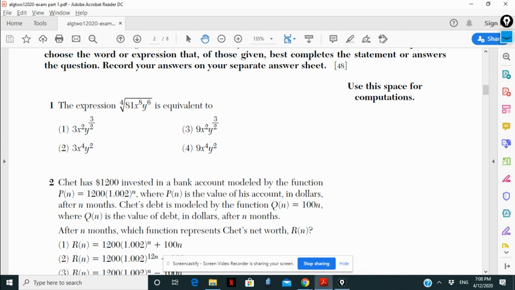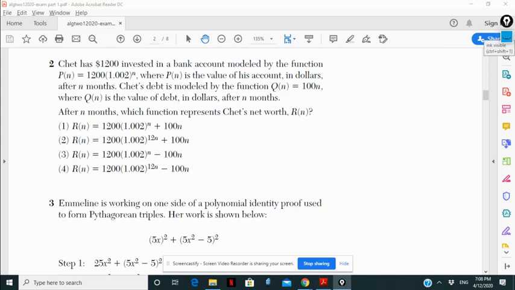Question number 2. Which sheet has $1,200 invested in a bank account modeled by the function Bn = 1200 times 1.002 to the power n, where Bn is the value of his account in dollars after n months. His debt is modeled by the function Qn = 100n. After n months, what is the function to represent the net worth?